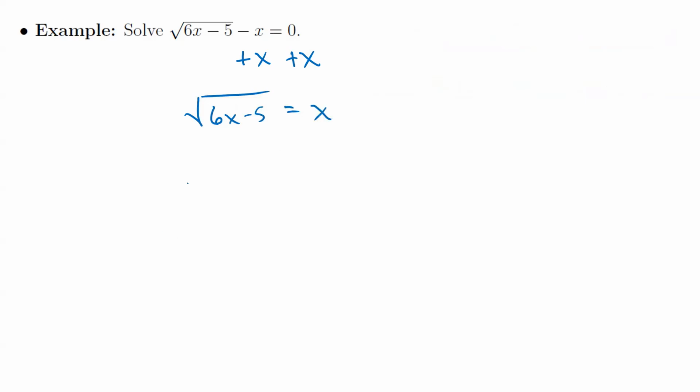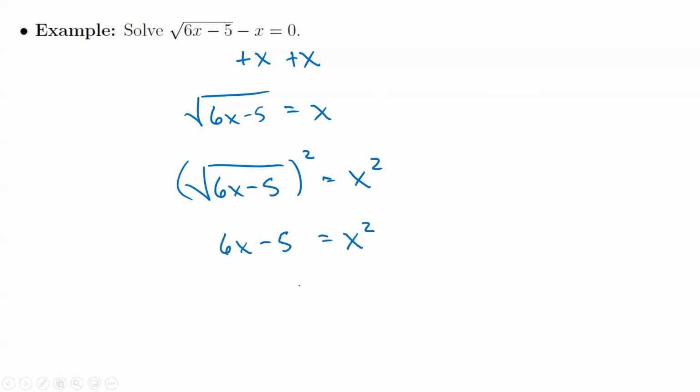So now, if I then square both sides of this equation, then the square and the square root just eliminate each other. And we have this. But this is a quadratic equation, and we know how to solve it, right?